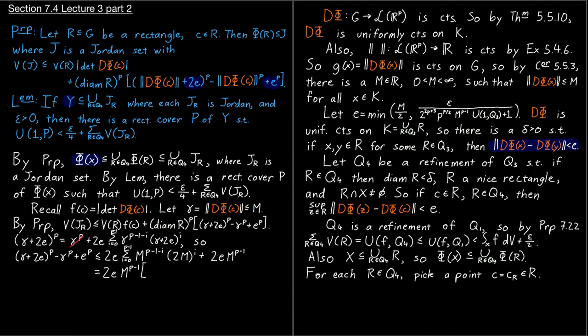Then what we're left with in our sum is 2 to the 0 plus 2 to the first plus 2 squared all the way up to 2 to the p minus 1. And we've got another 1 at the end. And if you remember your geometric series, the thing in the brackets is exactly 2 to the p. So we've got 2 to the p plus 1, and then an e, and then an M to the p minus 1.